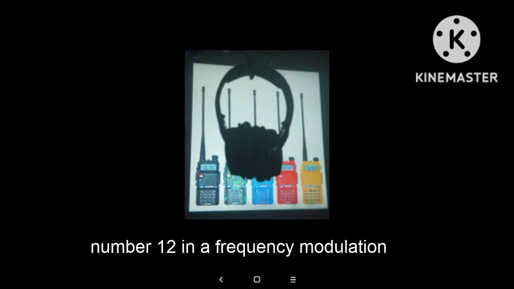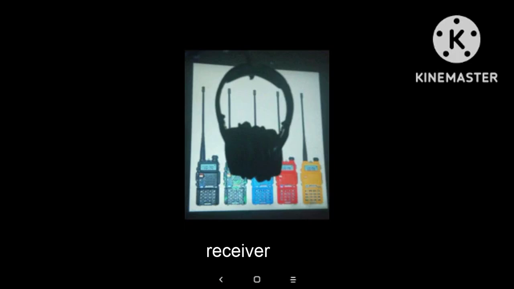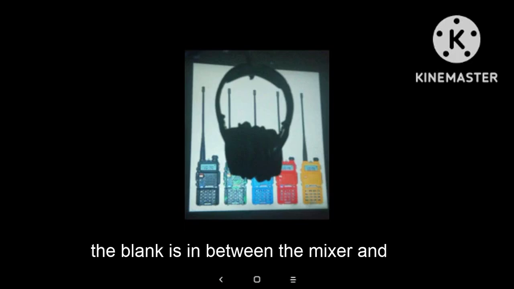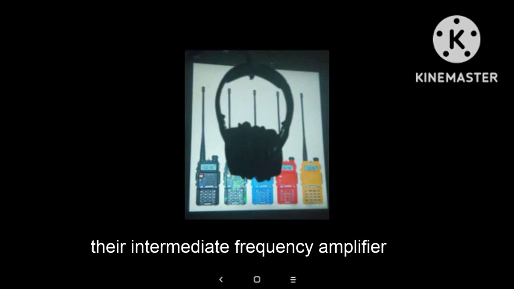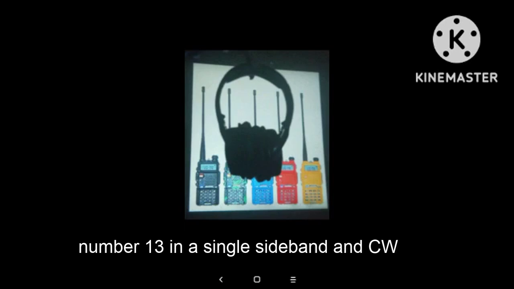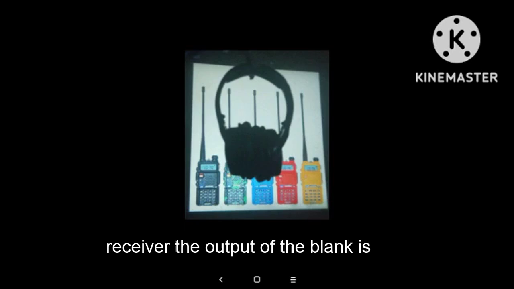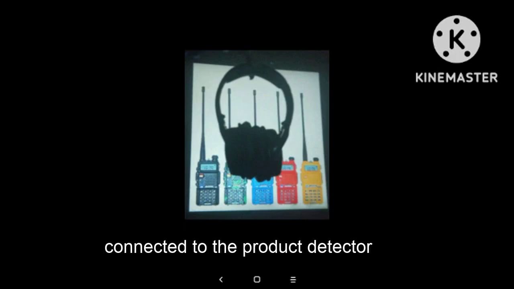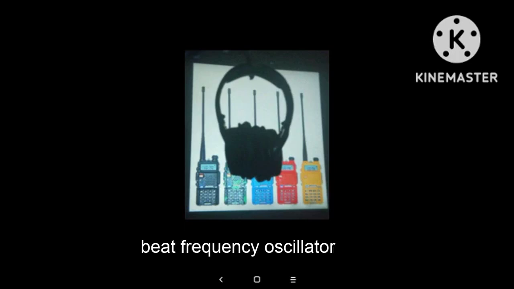Number 12. In a frequency modulation receiver, the blank is in between the mixer and the intermediate frequency amplifier. Filter. Number 13. In a single sideband and CW receiver, the output of the blank is connected to the product detector. Beat frequency oscillator. Number 14.